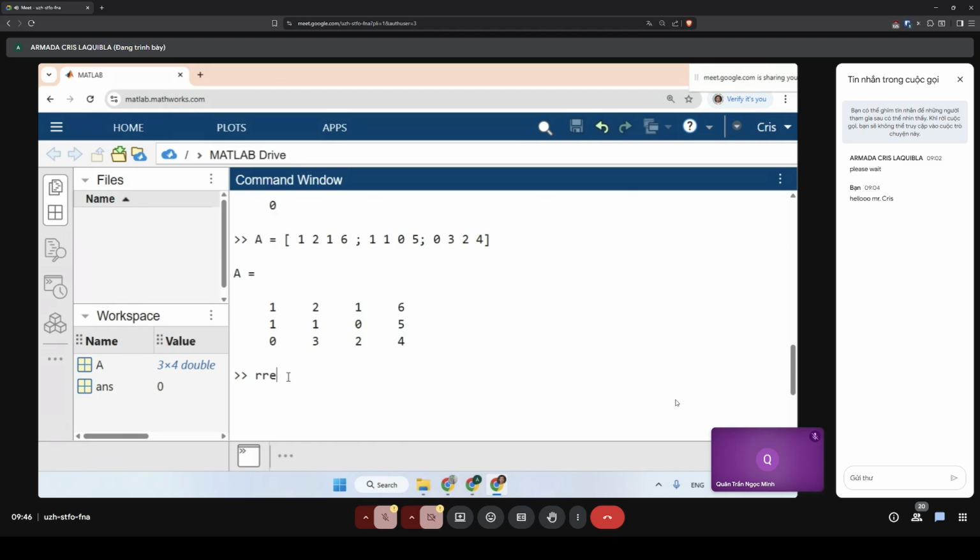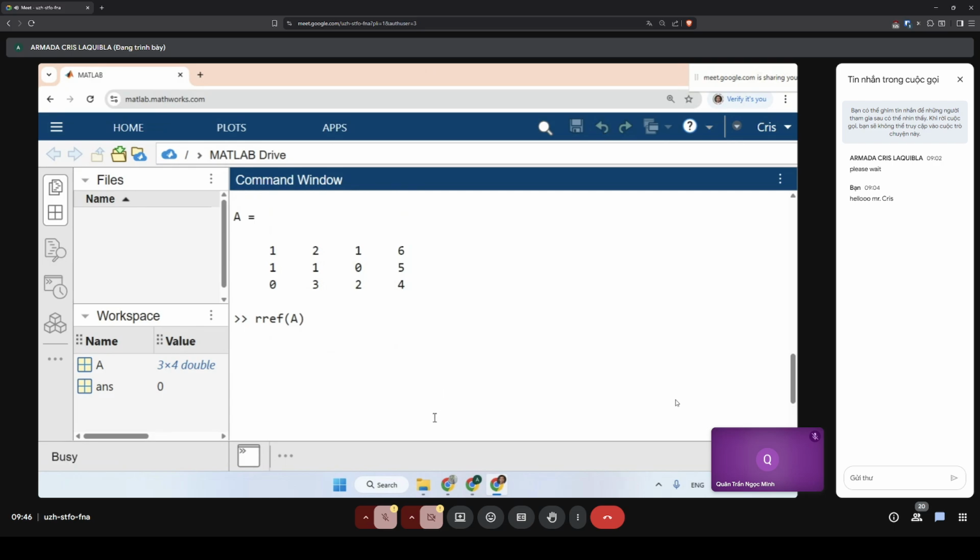So what to do? In MATLAB, just get the RREF, reduced row echelon form, of this. So this 3 by 3 matrix becomes 100, 010, and 001, and the answers are here at the side. Click enter.